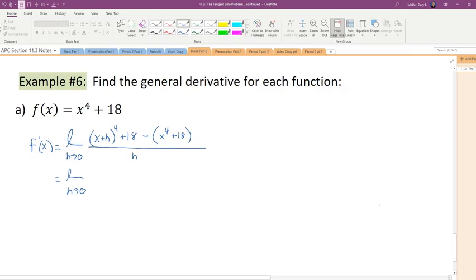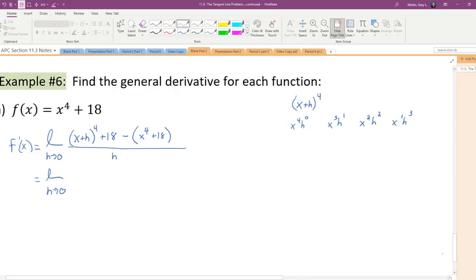Okay, once again, I'm going to do this work over here. So I've got to figure out what x plus h to the 4th is. This time I will use binomial expansion. So I know it's going to be x to the 4th, h to the 0. I know it's going to be x to the 3rd, h to the 1st, x squared, h squared, x first, h cubed, and then of course it'll be no x's and h to the 4th.